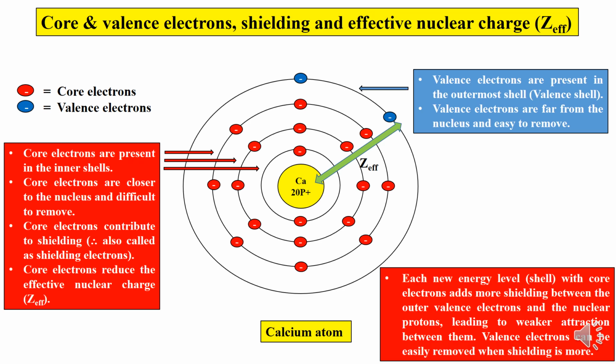Now each new energy level or shell with core electrons adds more shielding between the outer valence electrons and the nuclear protons, and this will lead to weaker attraction between them, and as a result of shielding, the valence electrons can be easily removed.